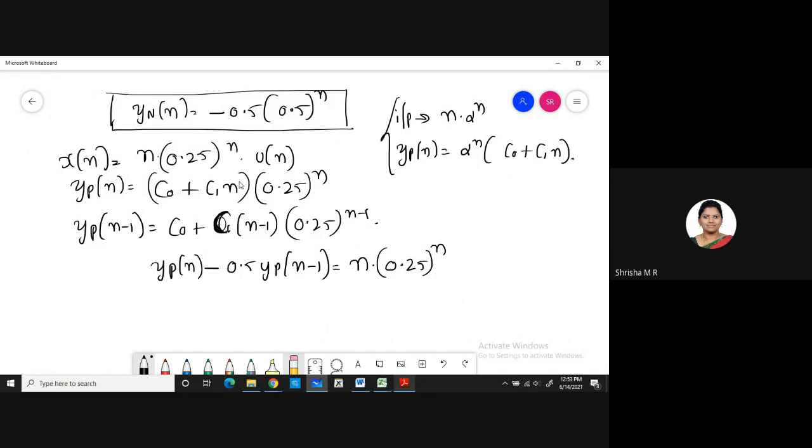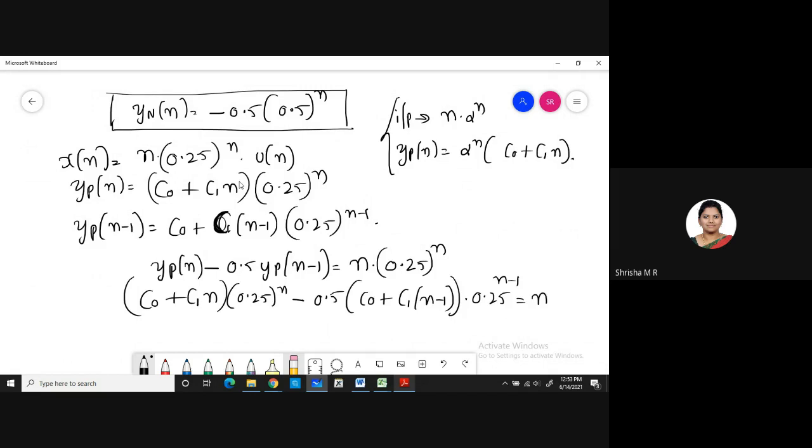Substitute Yp of n, that is C naught plus C1n into 0.25 to the power of n, minus 0.5 into C naught plus C1 into n minus 1 into 0.25 to the power of n minus 1, which is equal to n into 0.25 to the power of n.